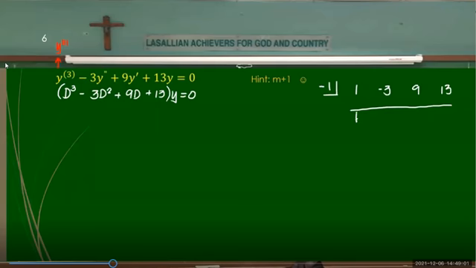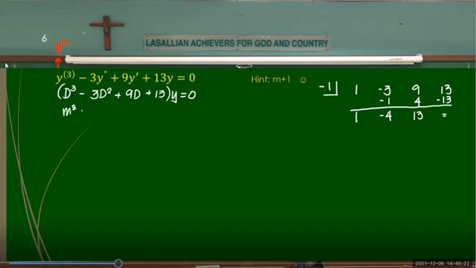So let's bring this down. 1 times negative 1 is negative 1. This becomes negative 4, times negative 1 is positive 4. That becomes 13, times negative 1 is negative 13. So you don't have a remainder at the end. By the way, let's rewrite this first.